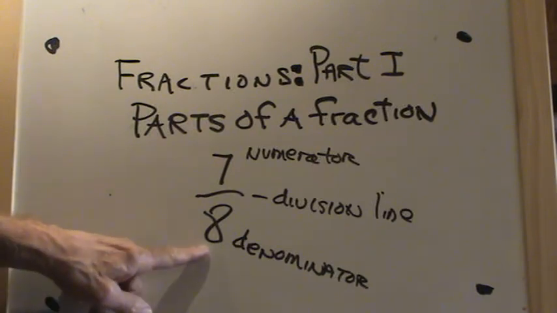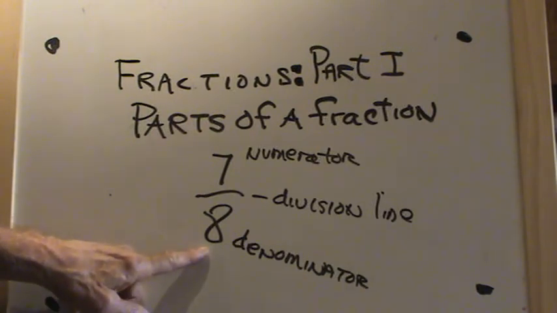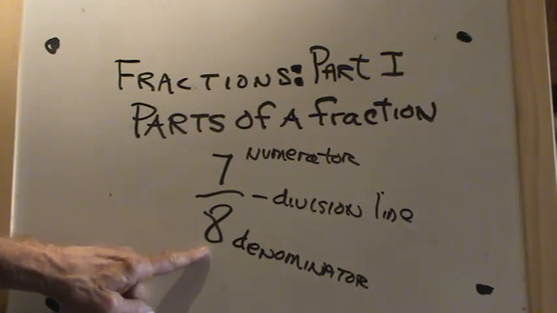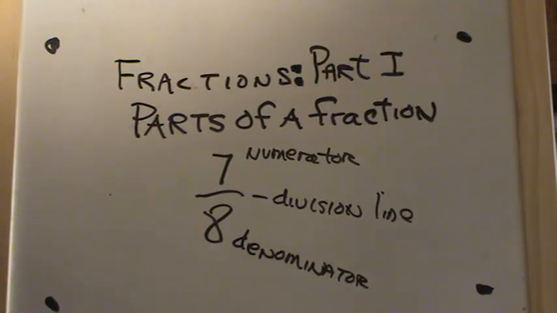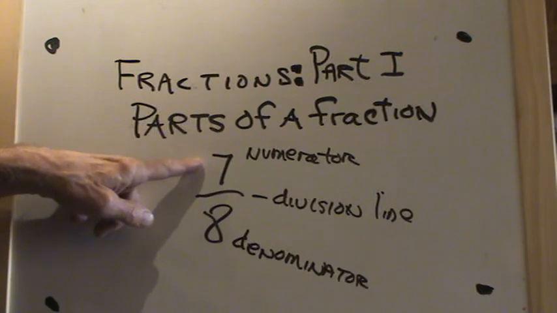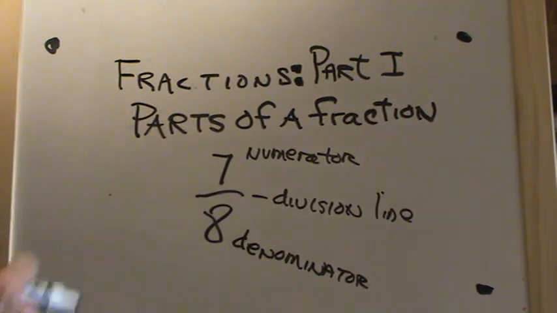The denominator, the bottom part of a fraction, tells us how many pieces are in one whole. So in this fraction there are 8 pieces in one whole. The top part of the fraction tells us how many pieces we're interested in.